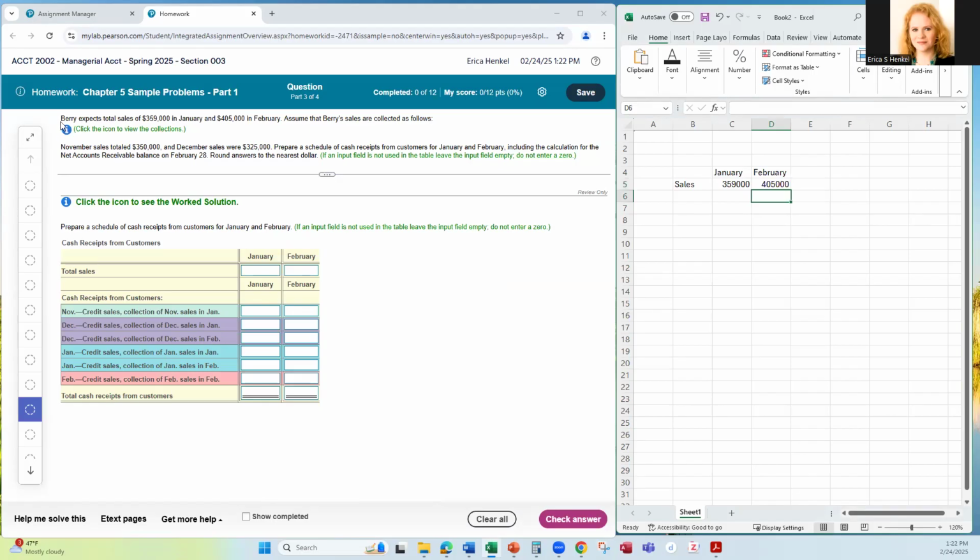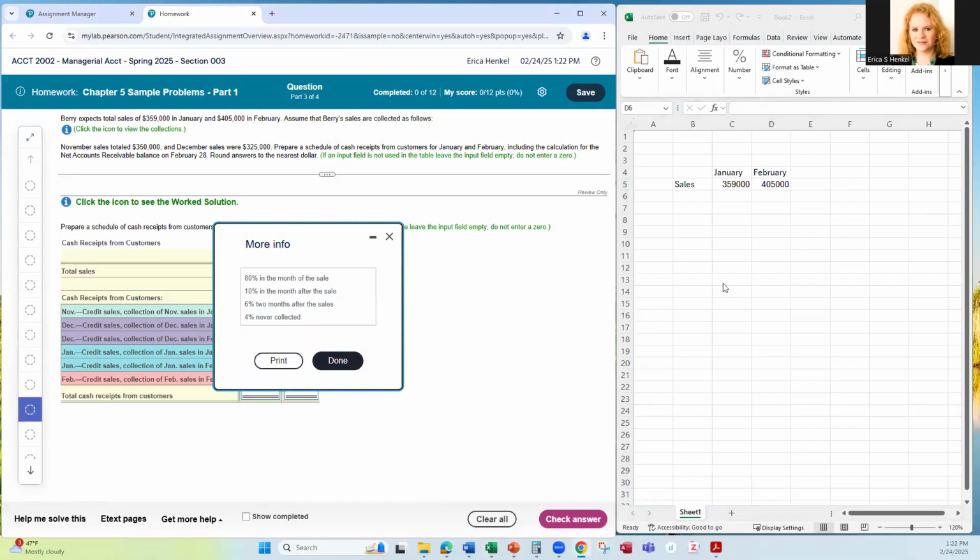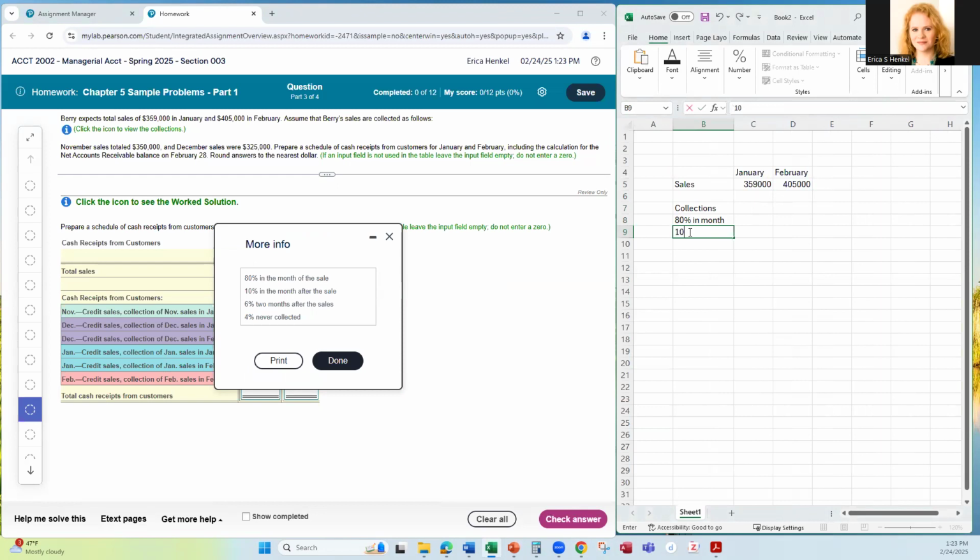Okay. And their collections are as follows. 80% in month. And then they're going to have 10% next month, and then 6% in 2 months, and then 4% never collected.